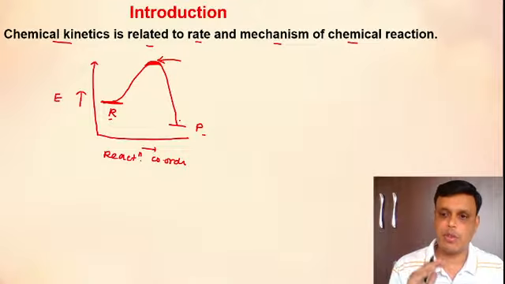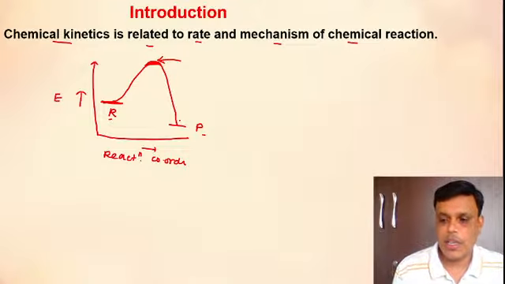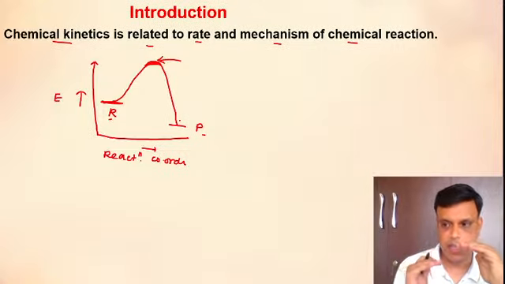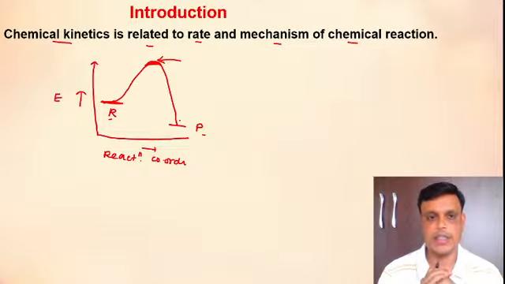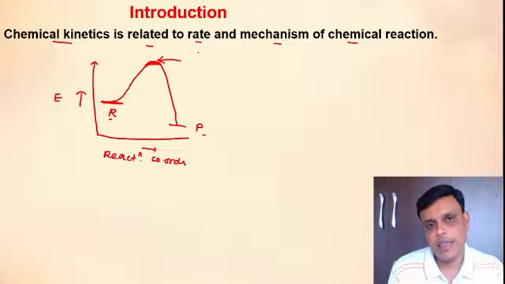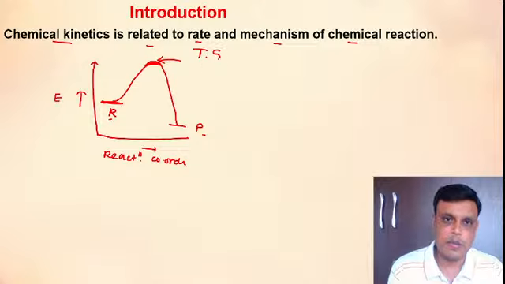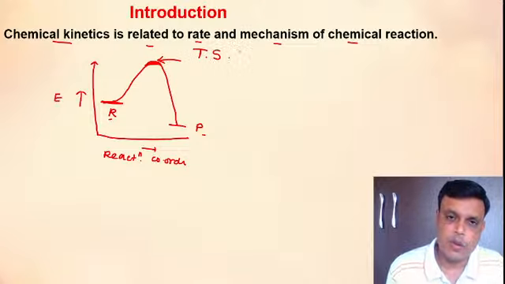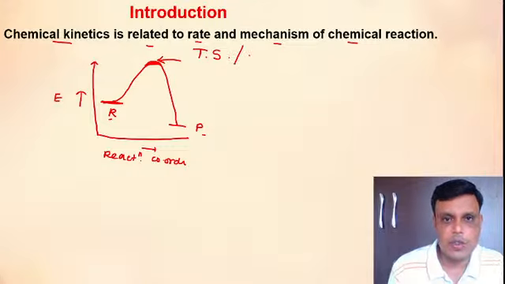Products are always lower in energy. No, that peak is not called ionization. So reactants are higher in energy, products are lower in energy, and this peak is called the transition state, TS. Correct. It is also called the activated complex.